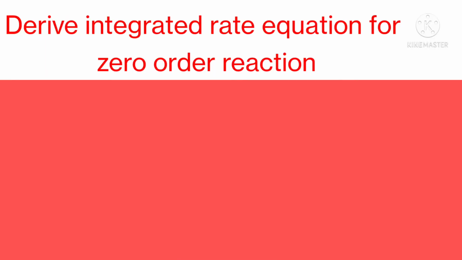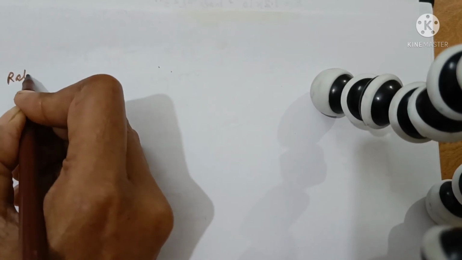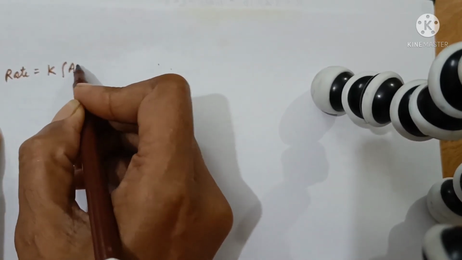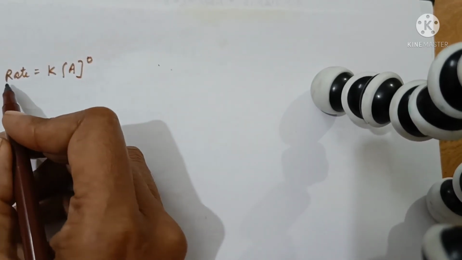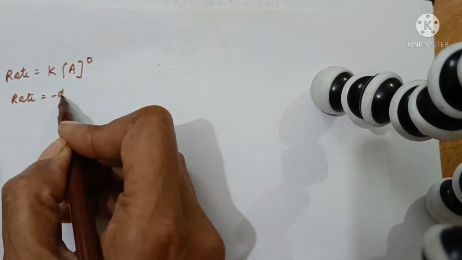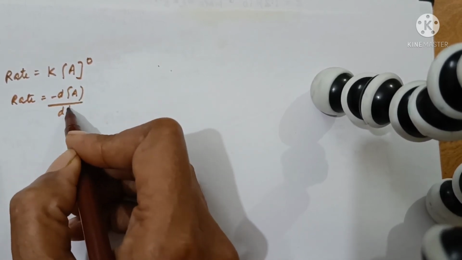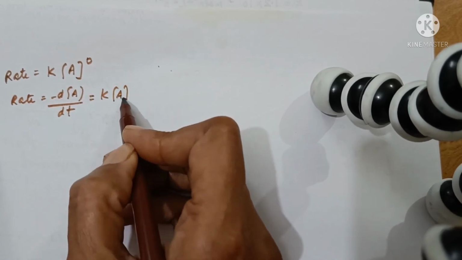Derive the integrated rate equation for a zero order reaction. For a zero order reaction, we know that the rate equation is rate is equal to K into concentration of reactant raised to power 0. So rate is also given by rate is equal to minus d of A upon dt is equal to K into A raised to power 0.